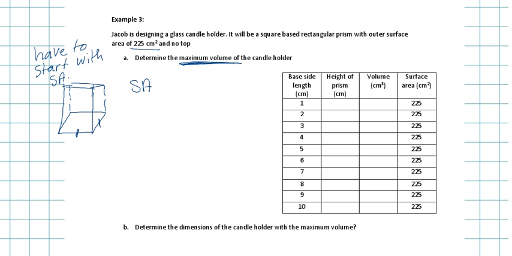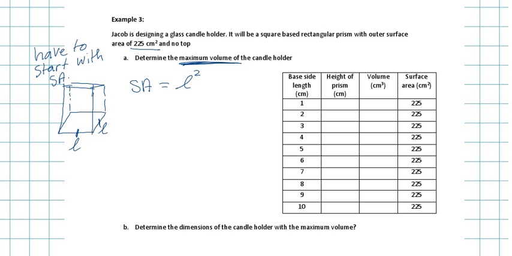What's the area of the base? Length times length, because the length and the width are the same. So L squared, or a squared, or whatever you want to call it. As long as you label your picture, it doesn't matter what letter you call it. So the area of the base is L squared.